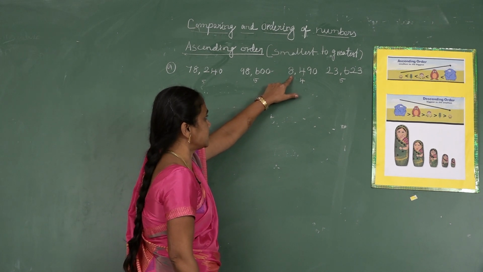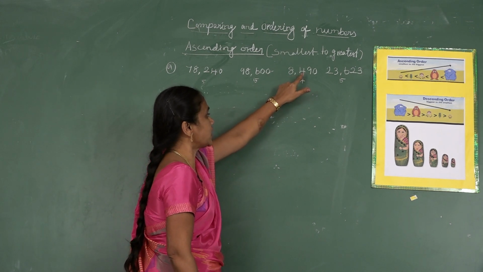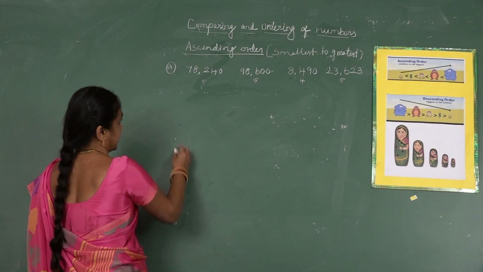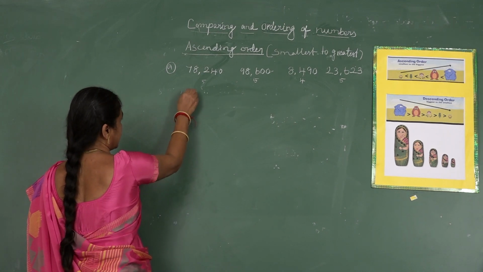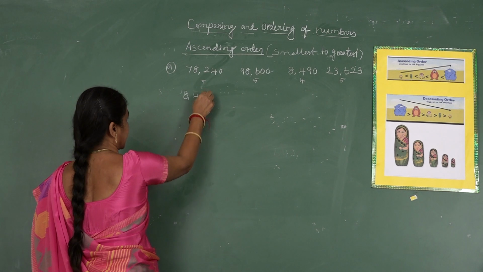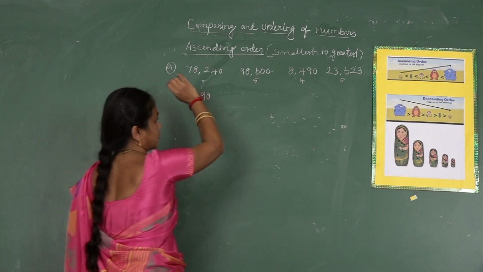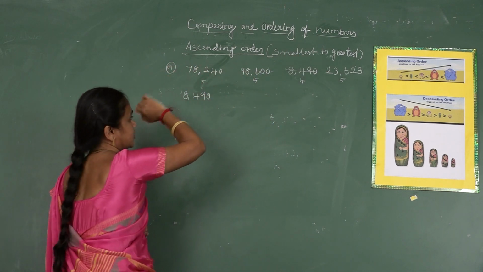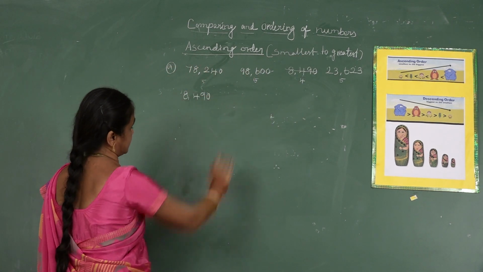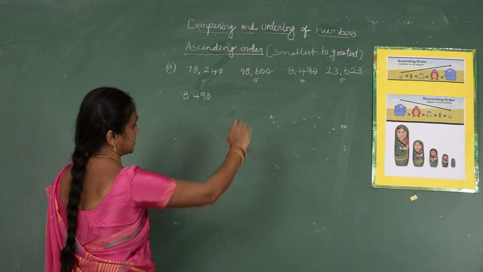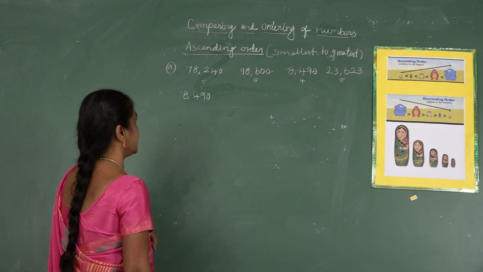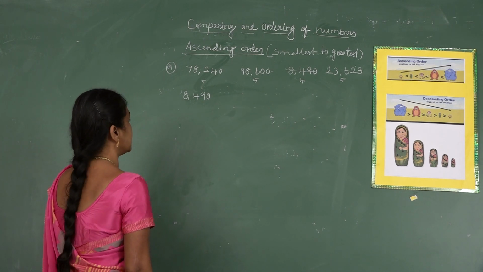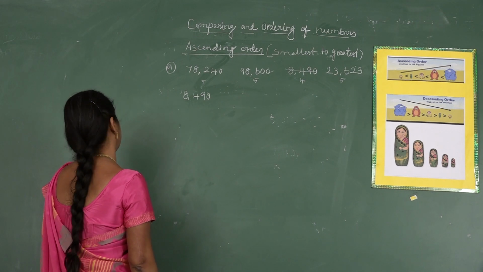So we write 8,490 at the beginning. We cancel this number from the list. Now we have 3 numbers. All are 5-digit numbers. So we compare the leftmost digit, that is 10,000 digit.